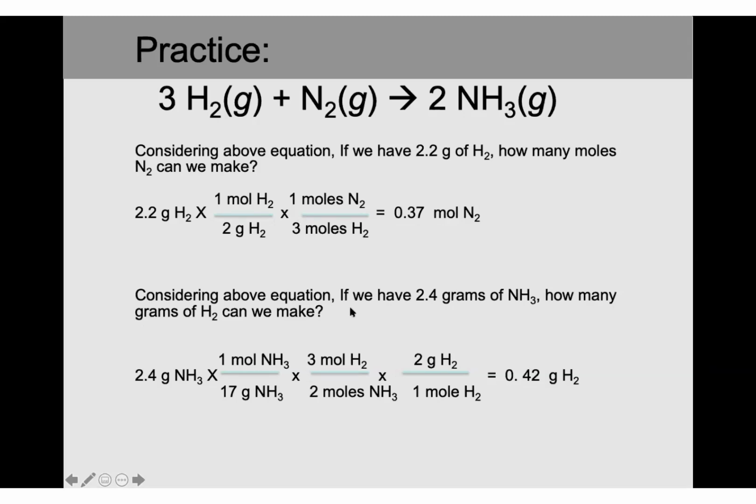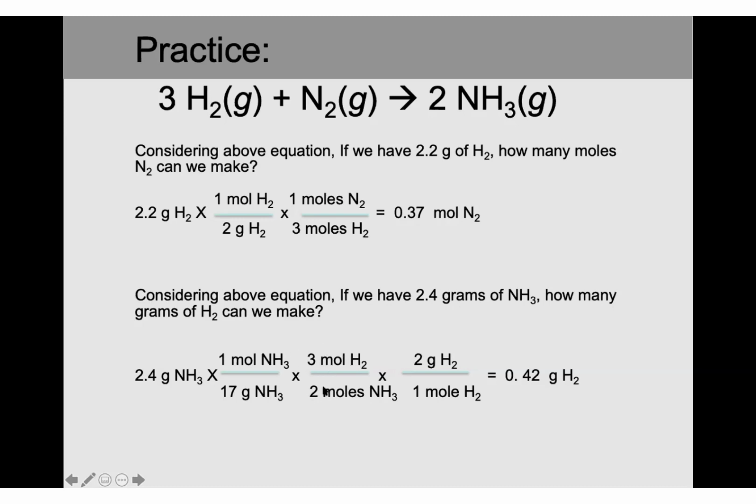And then we convert to the gram of H2 because it's asking for the gram of H2. Now you can see, guys, why we use the mole here. Because the previous numerator is mole, so I should put mole here.